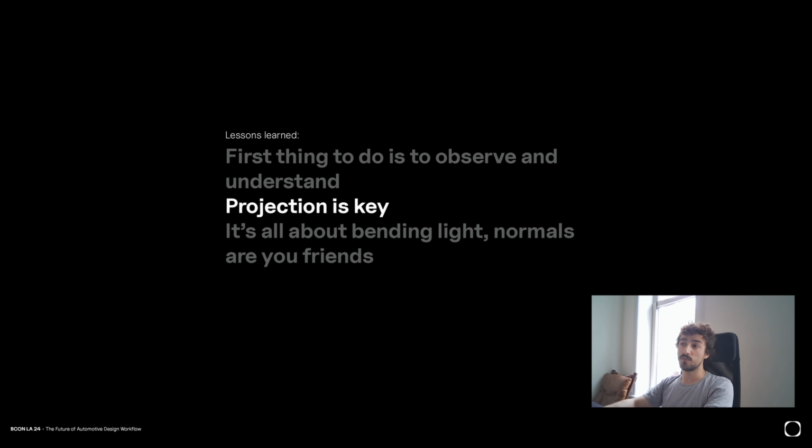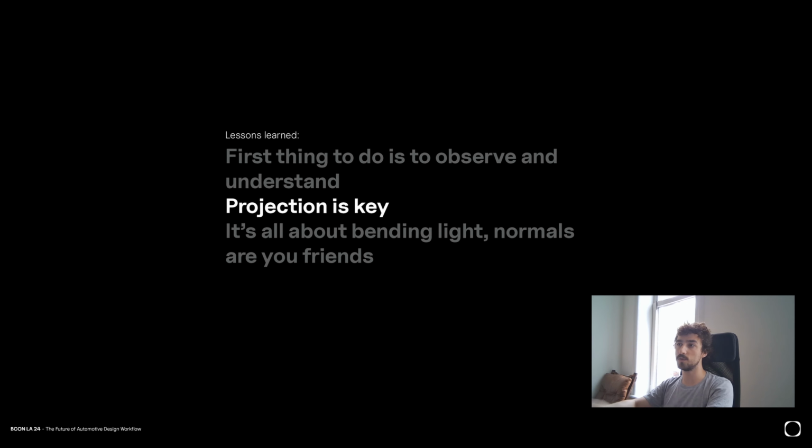The second one is that projection is key. As we saw with the UVs and triplanar, it's very important to know how you are laying your texture, even if you're creating this texture yourself. And so you always need to make sure that the projection is correct. In that case, it's very useful to have this triplanar type of node, because you don't need to spend more time later organizing it.